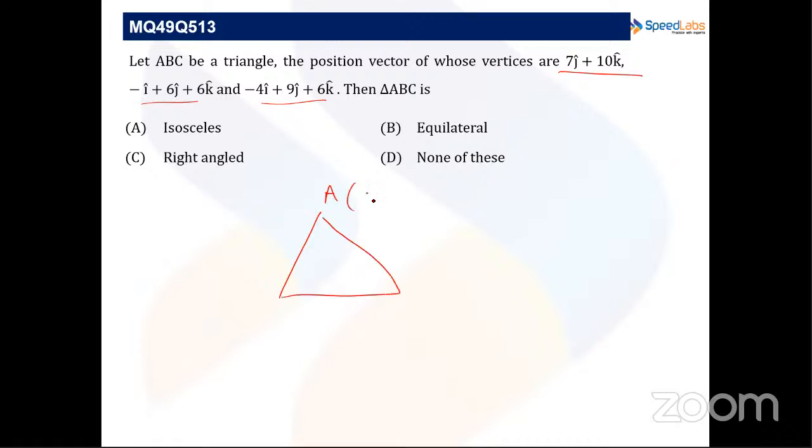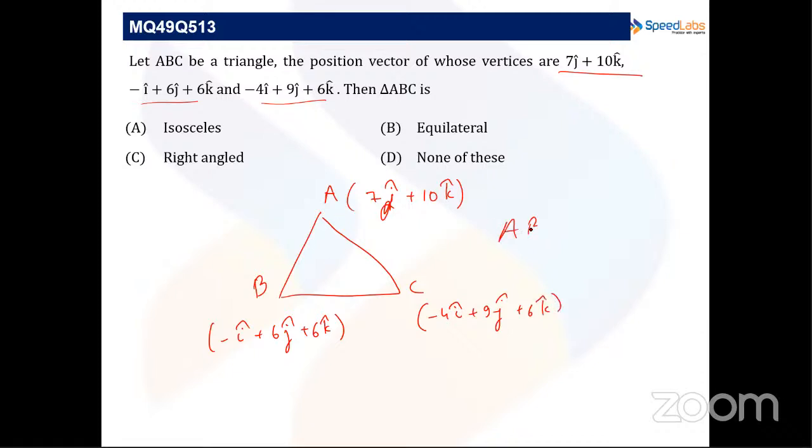Let's say A is 7j cap plus 10k cap, B is minus i cap plus 6j cap plus 6k cap, C is minus 4i cap plus 9j cap plus 6k cap. So we can find the vector AB, that is the position vector of B minus A. We can find BC and similarly vector CA.